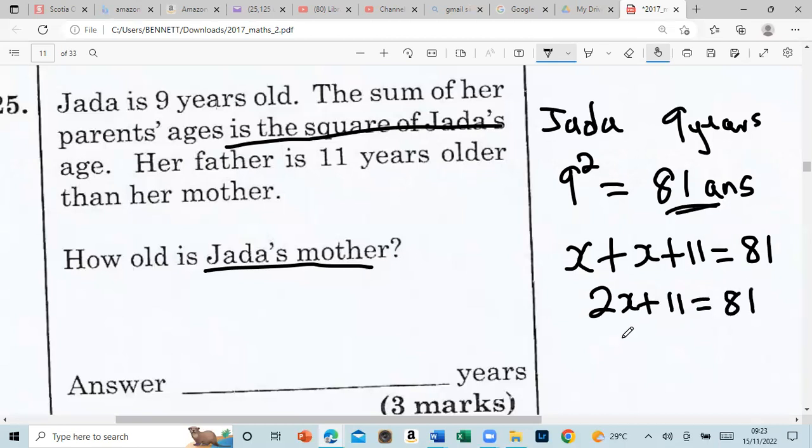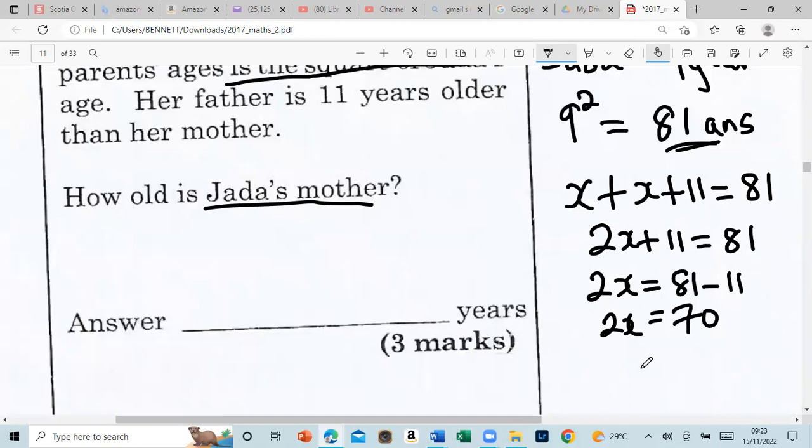So subtract 11 from both sides. So that's 81 minus 11. Very nice question, this too. So that's 70, right? Wow. So that worked out to 35.